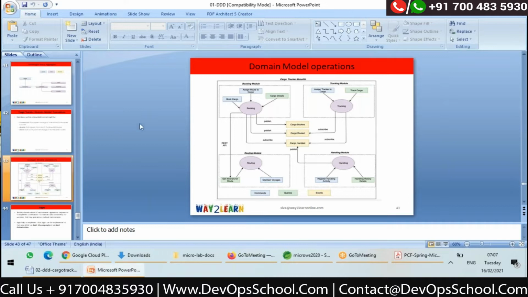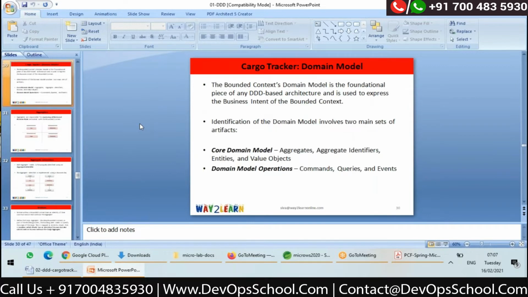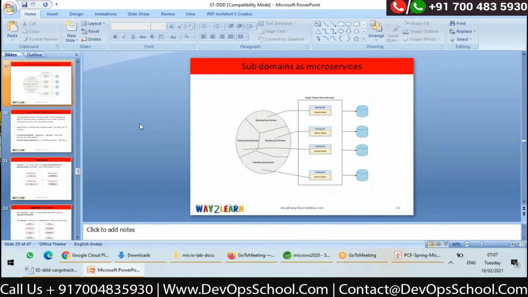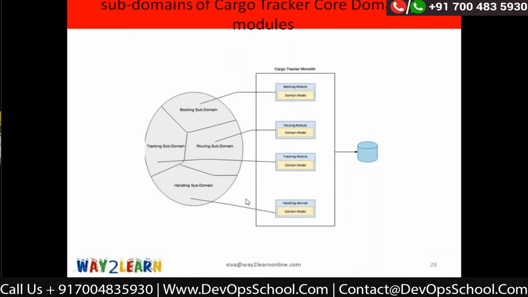As I told you, you can apply these DDD concepts to a monolithic application also. In that case, for the entire domain, there will be one single bounded context. This will be your design. Suppose you are starting a new application and you don't know whether to go with a microservices approach or a monolithic approach.